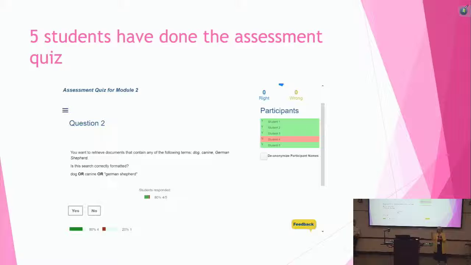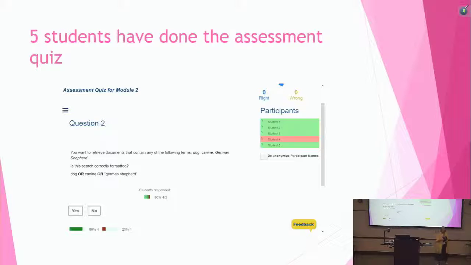One of the things you have to decide is, do you want to give them the answers immediately, or do you want to not, and then discuss it some other way? I'm just trying it with my students, this was last night, and five of them have answered.